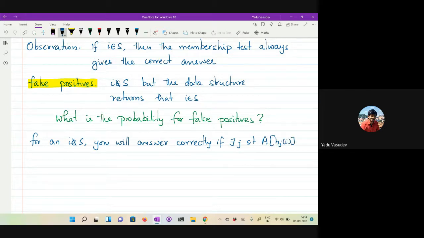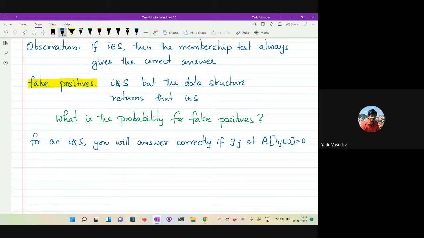There is some index where it is a 0, right? So if you notice, for a fixed i not in S, the probability for a false positive, that you will say i is in S, depends on the number of zeros in this array, right?